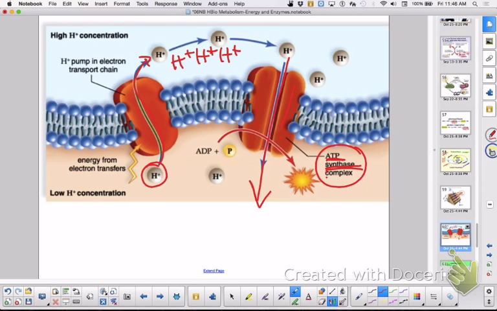ATP synthase complex is going to generate ATP for us. The electron transport chain is getting coupled with the ability to make ATP, and that happens on both the membranes of mitochondria and on the membranes of chloroplasts.